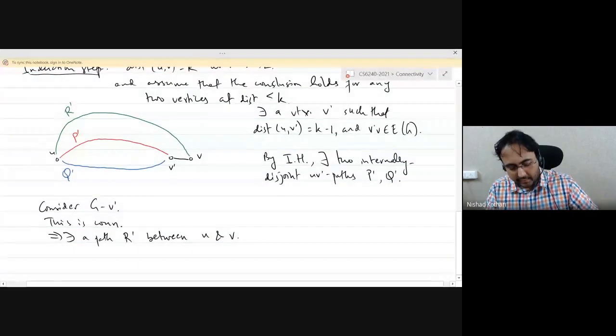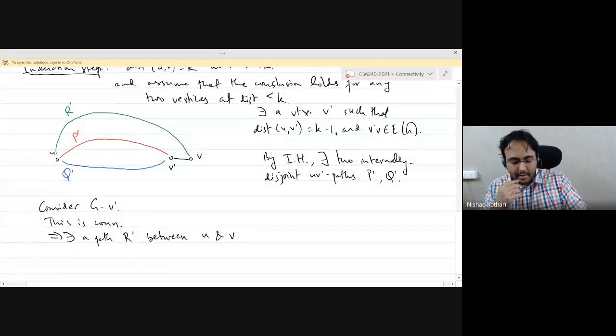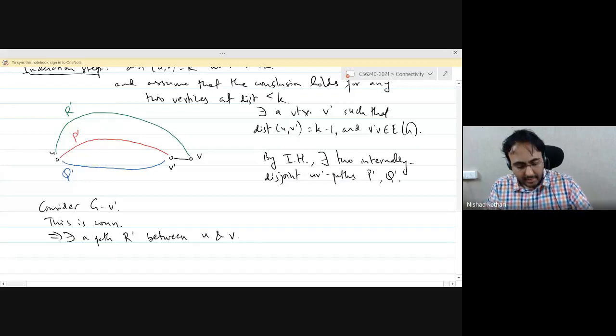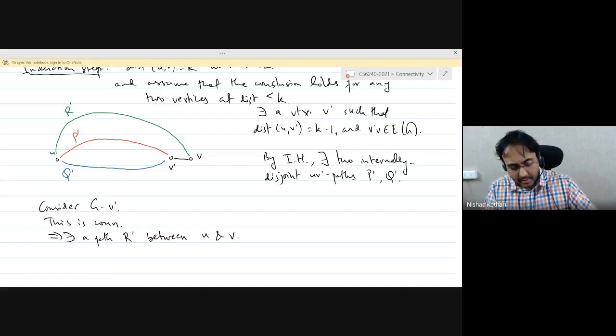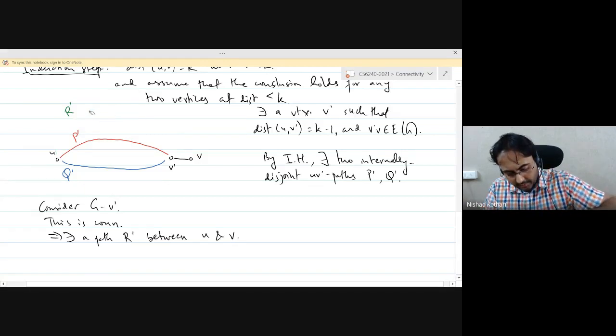If it does not interfere with P prime and Q prime, then you would just take R prime and you would take maybe Q prime along with this edge V prime V and you would be done, right? So that's the nice case when the path R prime does not mess with the paths P prime and Q prime.